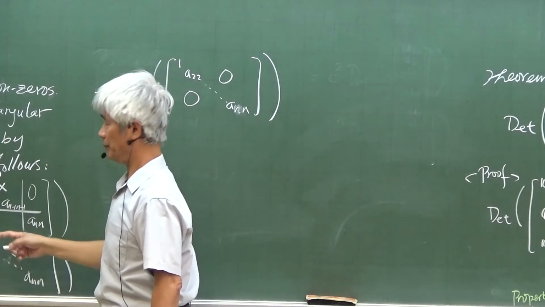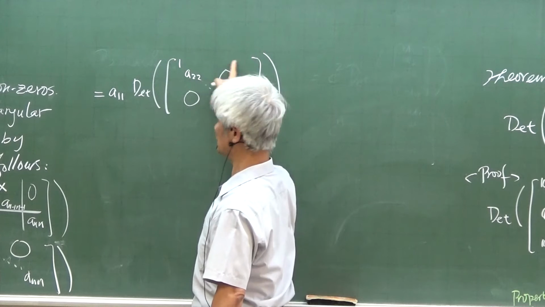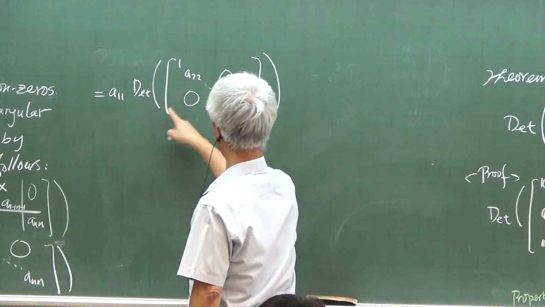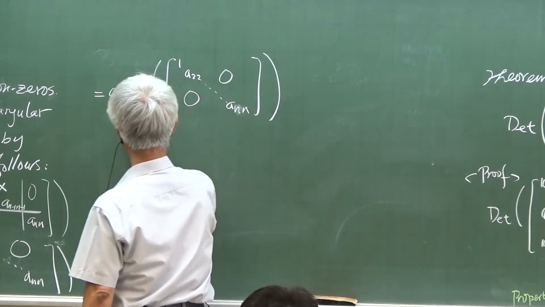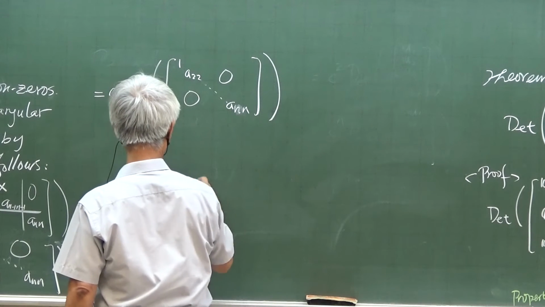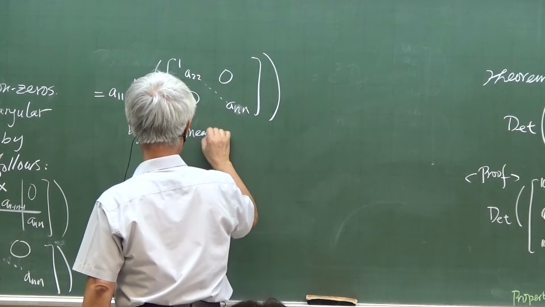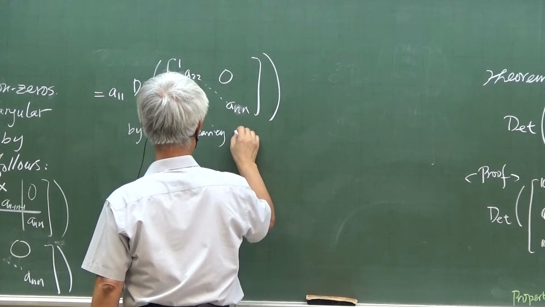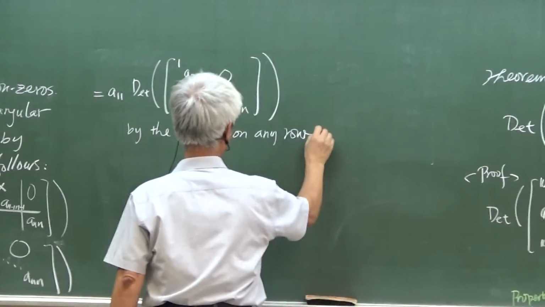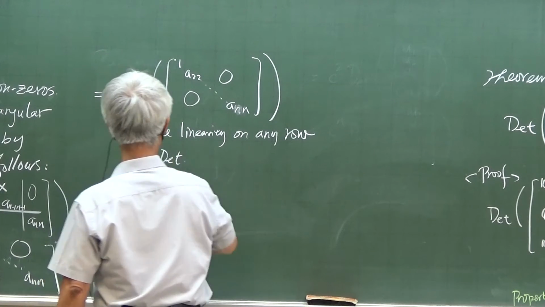The first row can be regarded as a scalar A11 multiplied with 1, 0, 0, 0, 0. And this is by scaling, or by the linearity on any row of the determinant function.